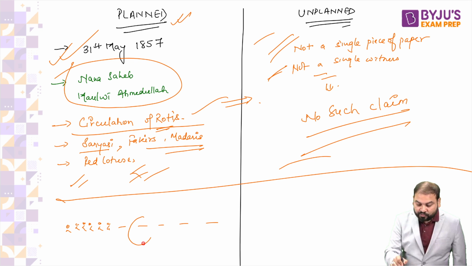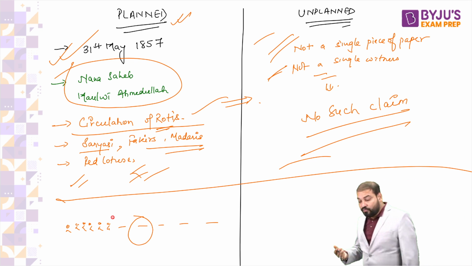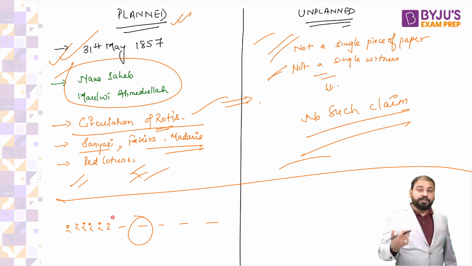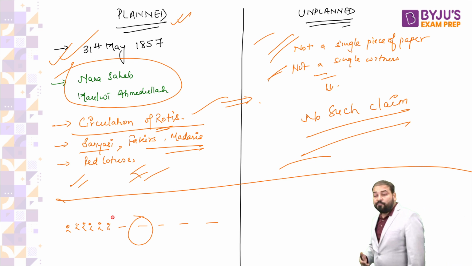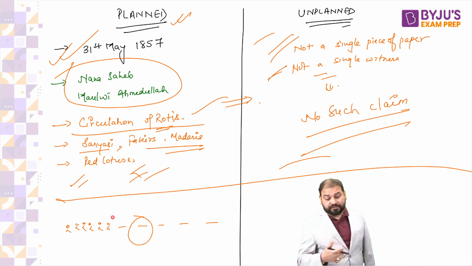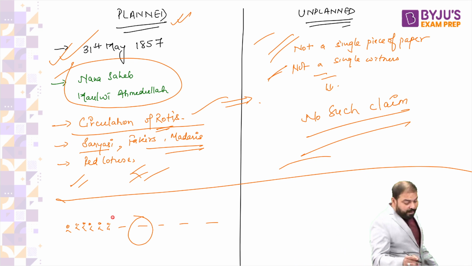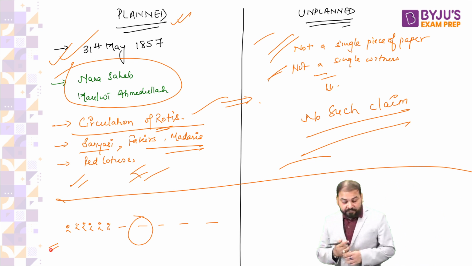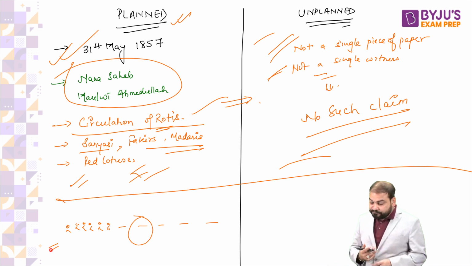So maybe through rotis, it would have been circulated that how many people would be coming, on what day would they be coming. These are hidden messages, coded messages, which were passed on through this particular thing. Yeah, it's like a symbol.